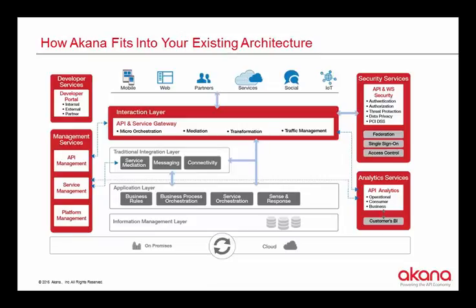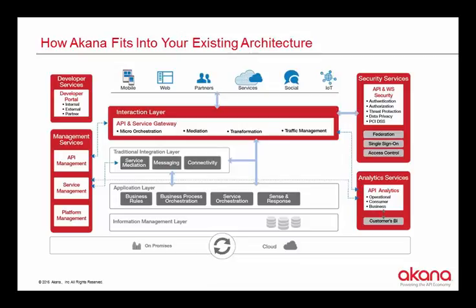We really help with those connections, and we manage those connections. And how we manage that is through the interaction layer. This interaction layer is supported by your API and services gateway. This is where your micro-orchestrations occur, your mediations occur, your transformations occur.